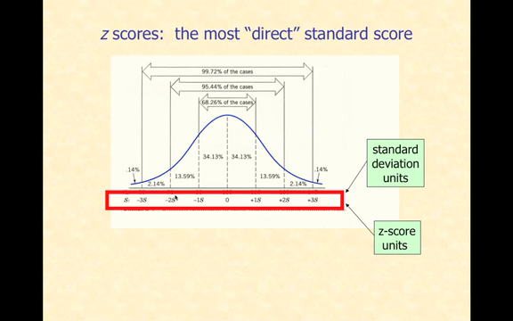In terms of standard deviation units. So standard deviation units and z-score units are the same. They're the most direct type of standard score. A lot of times people have a hard time understanding z-scores at a consumer level. And so we will transform these into lots of other kinds of scores, which I'll discuss in a couple of minutes.